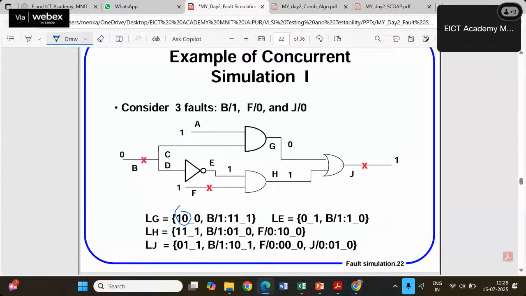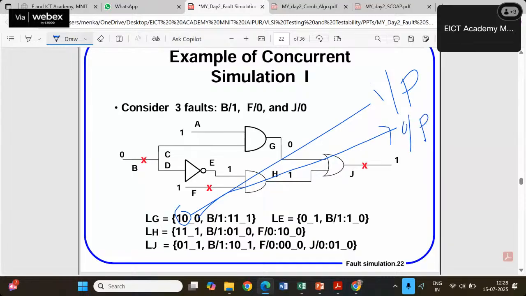This one is representing the inputs and the other one is representing the outputs. The very first one is the fault-free one. This first one, which has nothing just before it, is the fault-free pattern for that particular gate. And the next ones correspond to the faults available. For example, for B stuck at 1, how it is going to change. For F stuck at 0, how it is going to change.